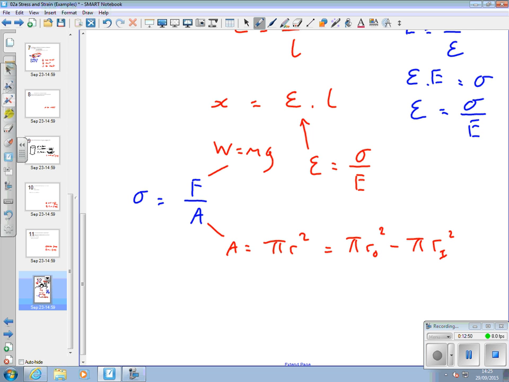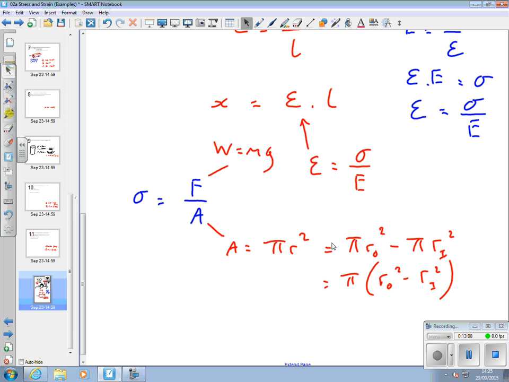The area of the outer cylinder minus the area of the inner circle. If you're thinking mathematically, you could factorize that: pi times r outer squared minus r inner squared. So now I'm there. Lots of formulae.